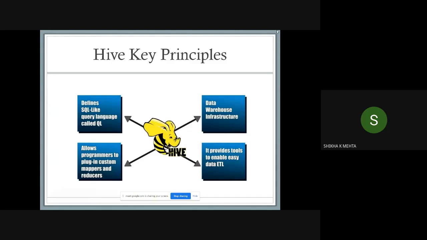So basically, Hive is based on four key principles. One is that it defines a SQL-like query language, as I've told you, because for more than 70 years, people have been working in SQL-like languages.